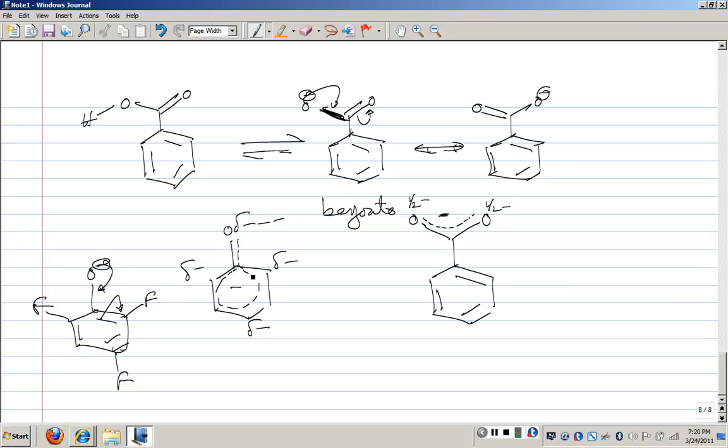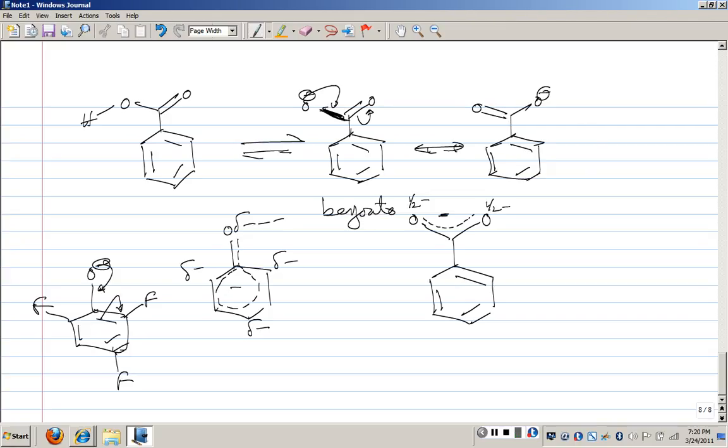So yes, I have delocalized the charge in the phenoxide, but it's not as effectively delocalized as it is in the benzoate. Because in the benzoate, although it's only 2 atoms helping to share the charge, both are good at it. Both are oxygens, which are the world's second most electronegative element.